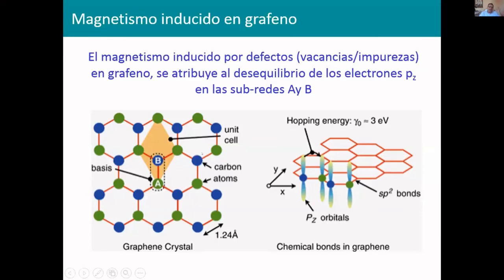So the argument to understand this magnetism in graphene is that when we remove one atom from this hexagonal lattice, we produce an imbalance in the pi electrons, in the pi bond or the p theta orbitals, and this unpaired electron, in order to reduce its energy, the spin is polarized.